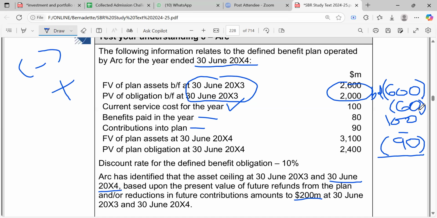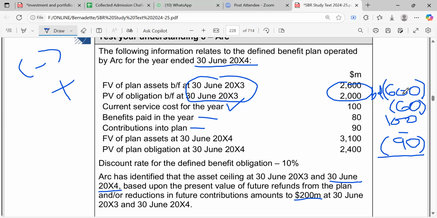But maybe in this question, we just have something additional now. We are told that ACC has identified that the asset ceiling, based upon the present value of the future refunds from the plan and reductions, should be this 200. The net plan asset should not exceed 200, but you had 600 here, right?